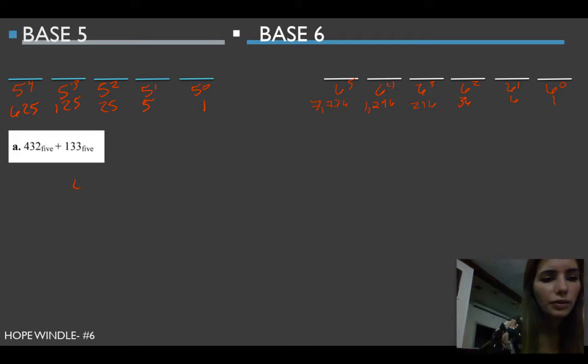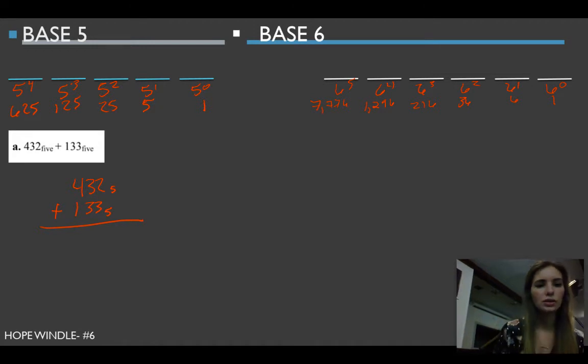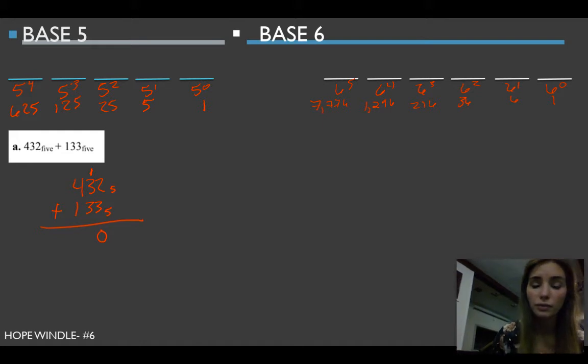Let's just write it 4, 3, 2, and we're going to do a tiny little 5 because it's a subscript. And then we're going to add together 1, 3, 3 base 5. Now, we can't use the number 5, so we're going to have to carry or exchange it. So this 2 plus 3 is actually going to roll over into 1, 5.